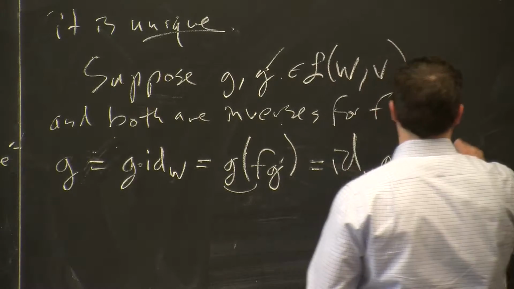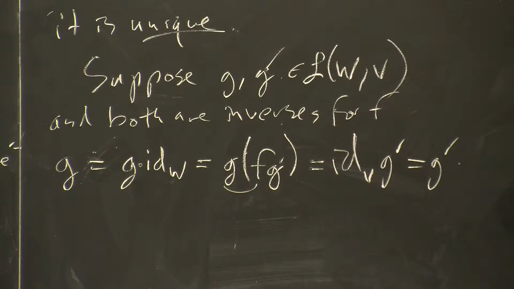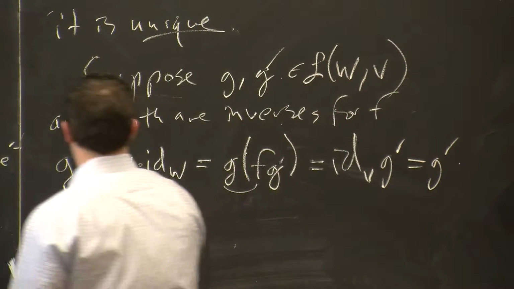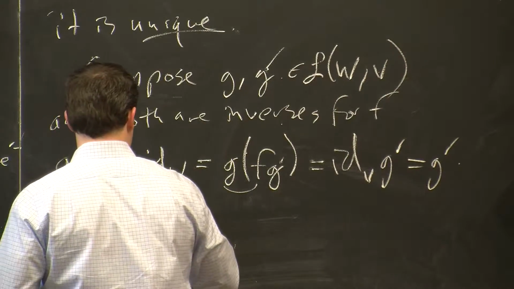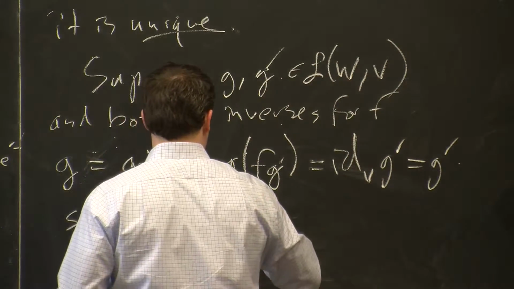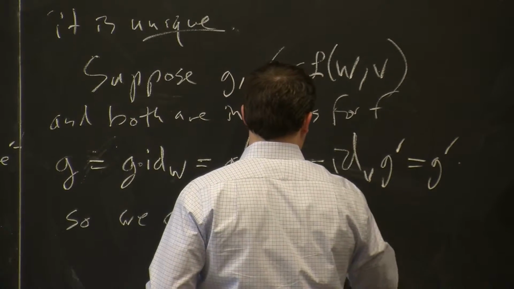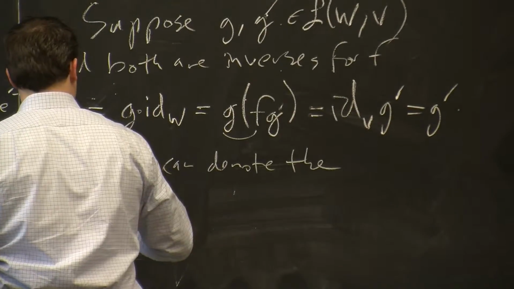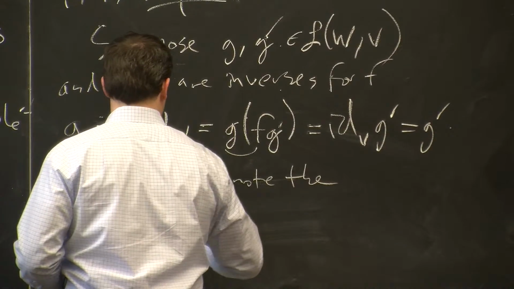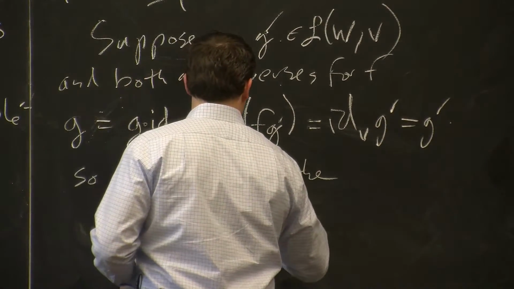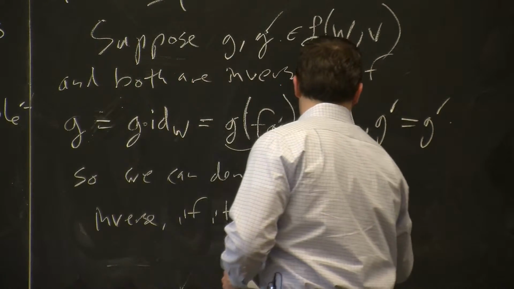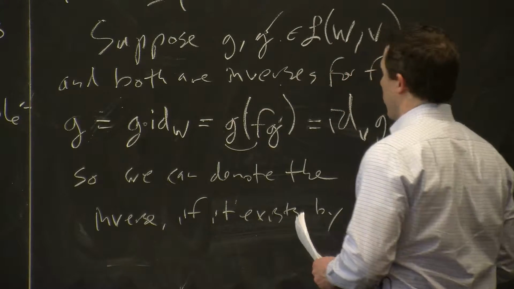And that's equal to G prime. So those things are unique. And so it's okay to denote the inverse, if it exists, by F inverse.